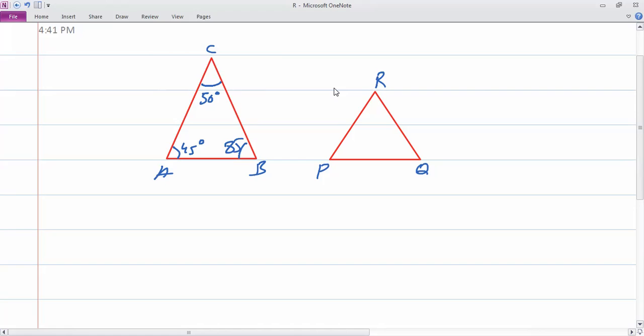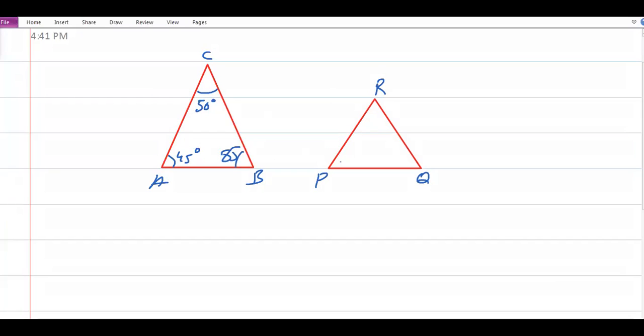In the same way, in the other triangle this is 45, this is 50, and this is 85. Let's say this side is 8, this is 4, this is 10, this is 5, this one is 14 and this one is 7.